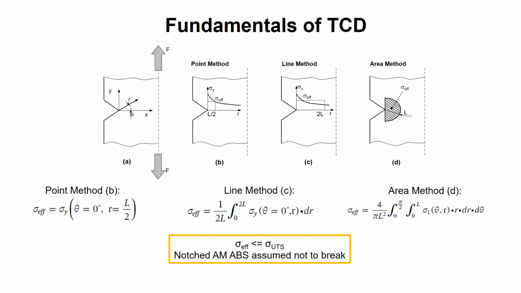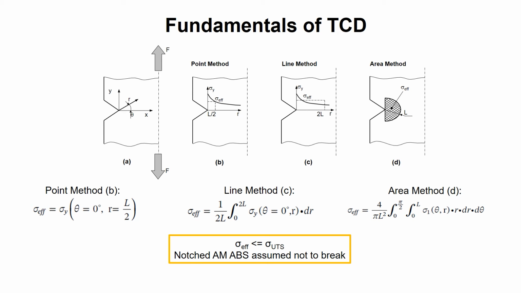Fundamentals of the Theory of Critical Distances (TCD) are shown from figure B to D. There are mainly three formalizations of the Theory of Critical Distances, which are the point method, line method, and area method. The mathematical definitions are shown accordingly as well. For the point method, the effective stress is defined to be equal to the linear elastic stress at a distance from the notch tip equal to L/2.